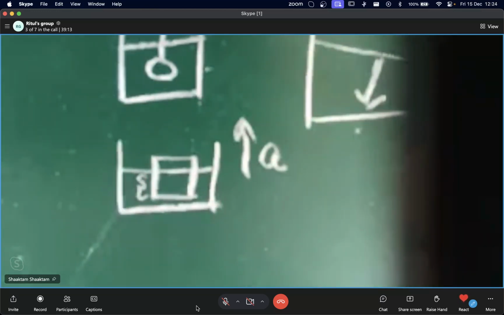I'm asking about g: does it depend on g? Yes, it depends on g, and g now is g effective, which is g plus a. If it is g plus a, the variation of pressure got changed. Why are you then going ahead with the same evaluation?